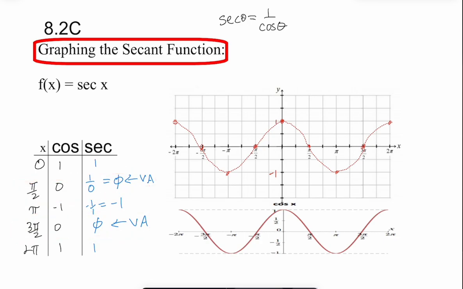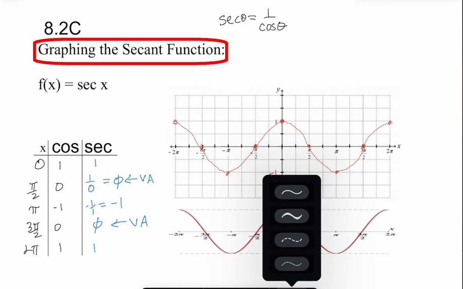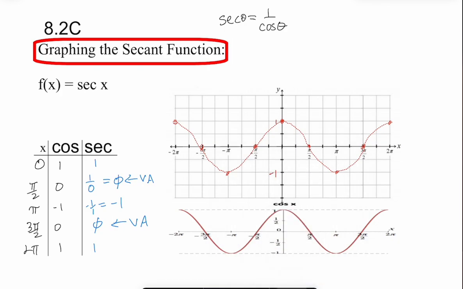So let's go over to our graph paper and let's put that in, okay? So let's put our vertical asymptotes on first. Every place that our cosine hits the middle line, or is equal to 0, put on a vertical asymptote.